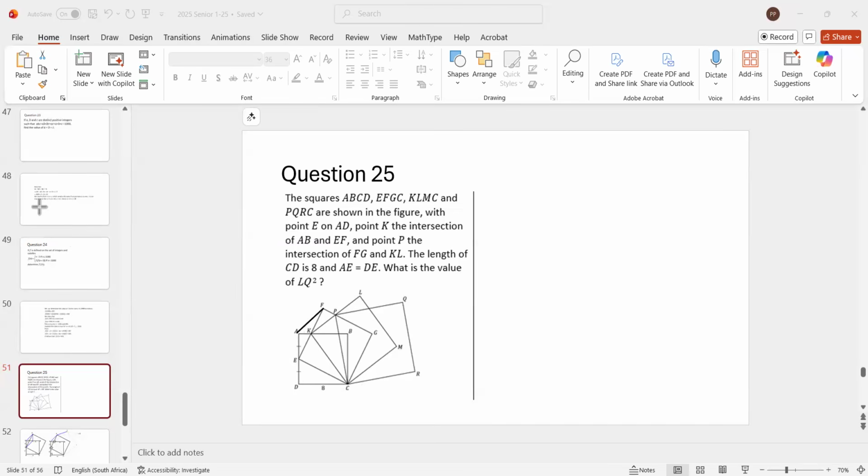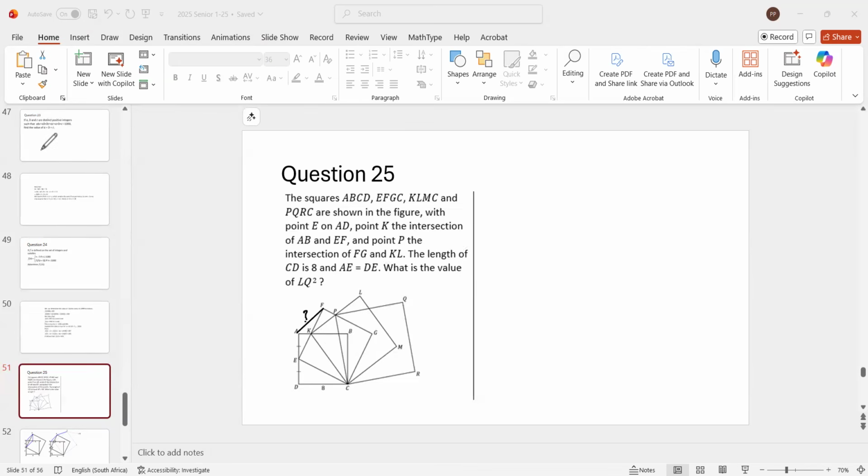I'd like to calculate that length. They do tell you that the length of CD is 8. So the original square has got side 8. I'm not going to bother about that for the moment. I want to calculate AF.